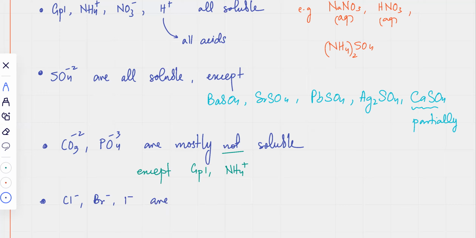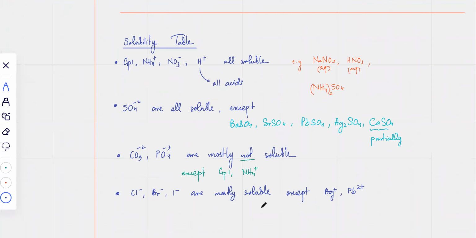These are mostly soluble, except these two, Ag plus 1 and Pb2 plus. That is, if there is Ag plus 1 or Pb2 plus in the compound, then they would be insoluble. Otherwise, they are soluble. Most of them are soluble. So you have to remember this.